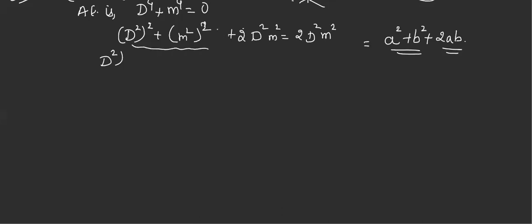Now, what can I write these three terms as? D square plus m square whole square. Very good. This is in the form a plus b the whole square is equal to 2d square m square. Now I'll shift my 2d square m square here. So what is the sign here? Isn't it we have a minus?